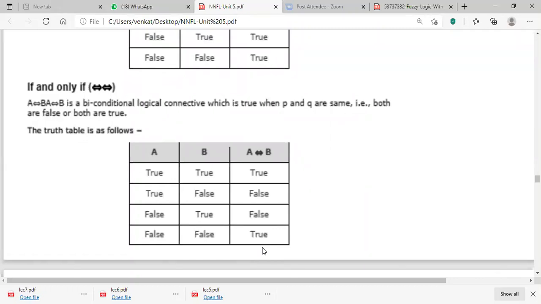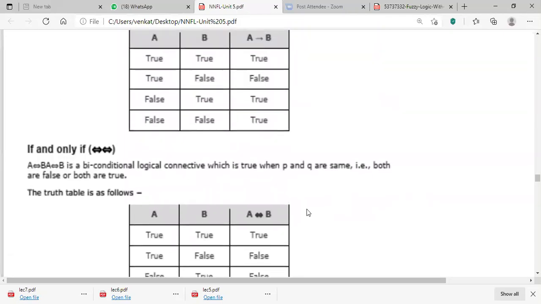Okay, if A is true, B is false, the if and only if condition is false. If any of A and B is false, then your resultant will be false. If both are true or both are false, A and B are true and A and B are false, then you have the output value to be true.